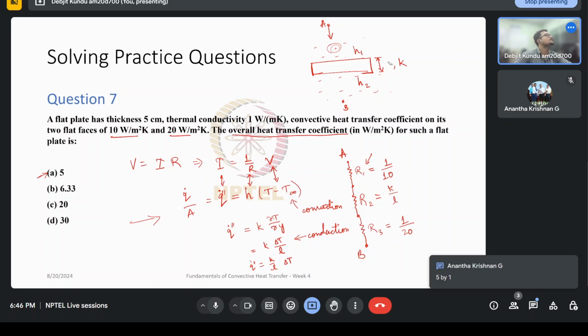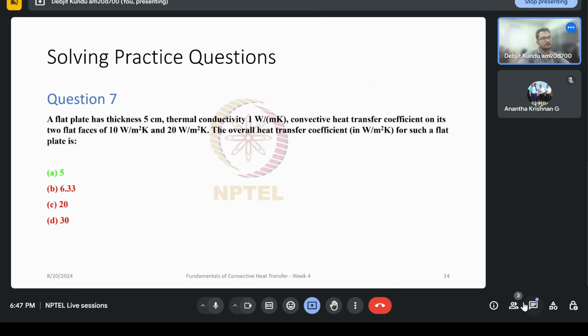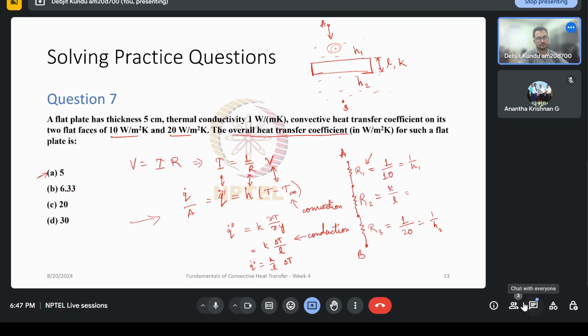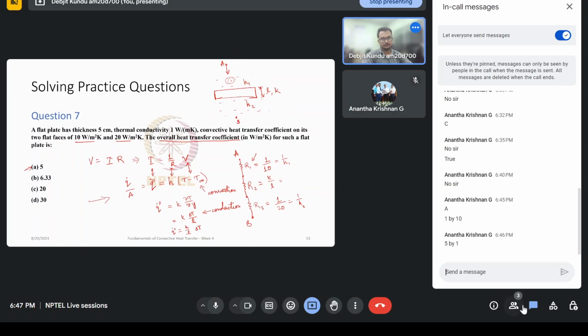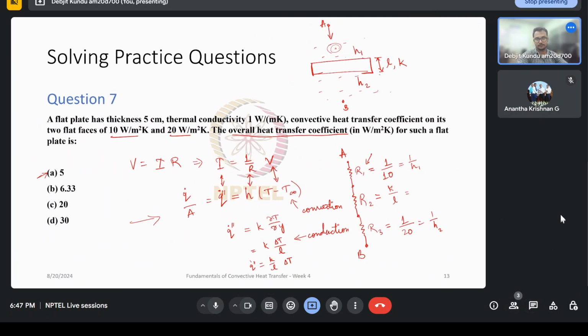I'll remove this thickness T and call it just L. So K over L is, and these are 1 by H, by the way. 1 by H1, and in this case, 1 by H2. And this is K by L, and that is equal to... K is 1, sorry, what did you write? 5 by 1.